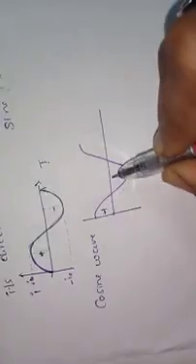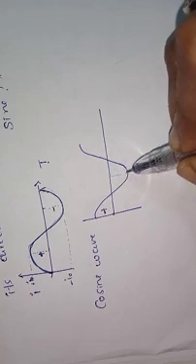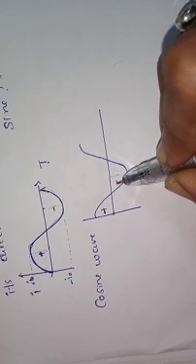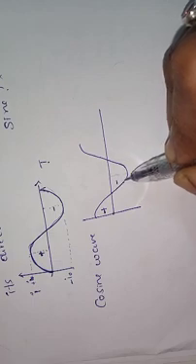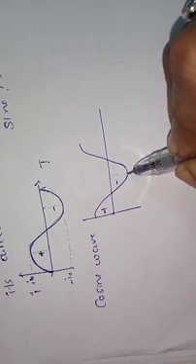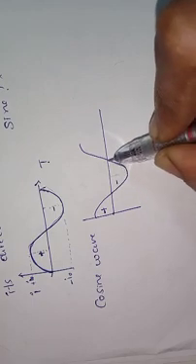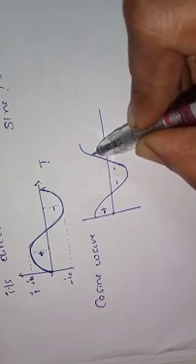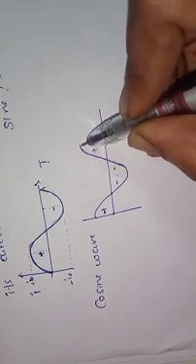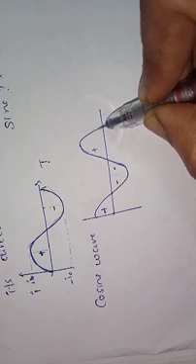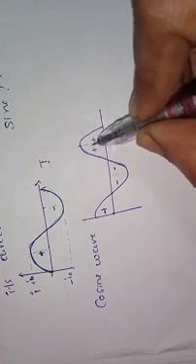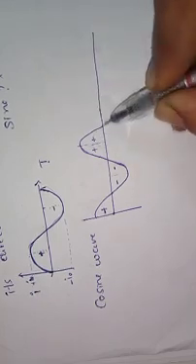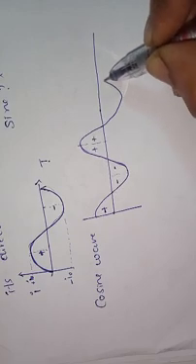So this is the positive side. Then in the second phase, here it is decreasing with a negative value, again increasing in a negative value, again increasing in a positive value, again decreasing in a positive value. This is the second cycle. So we can take many cycles like this.